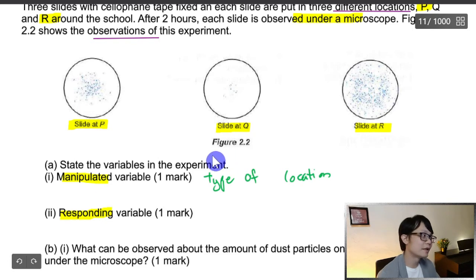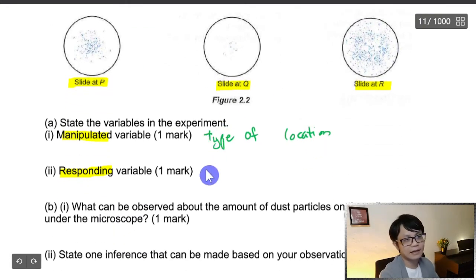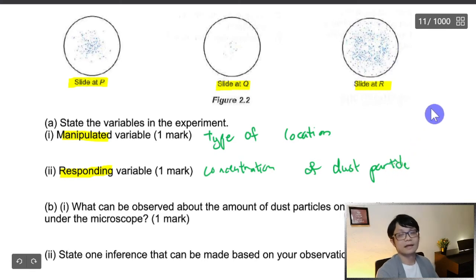Responding variable, maybe I want to say is the dust particle. The observation is how much dust particle, so maybe I say concentration of dust particle. That is the effect of the manipulated variable.